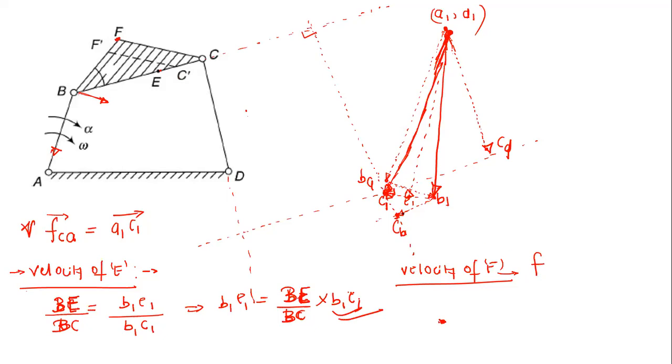We are always interested in calculating the velocity of this point F relative to any fixed point, either A or D. Let's say I am taking the acceleration of point F relative to A. Vector FA is equal to, now just tell me how to complete this vector equation. What should I write next here?